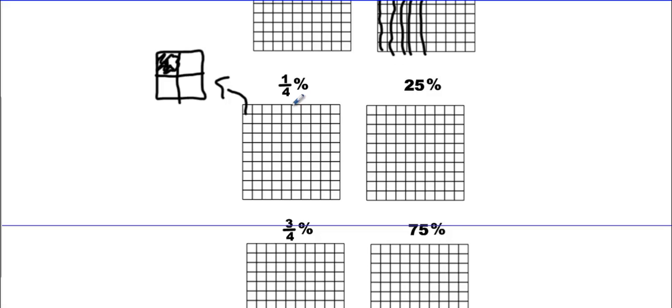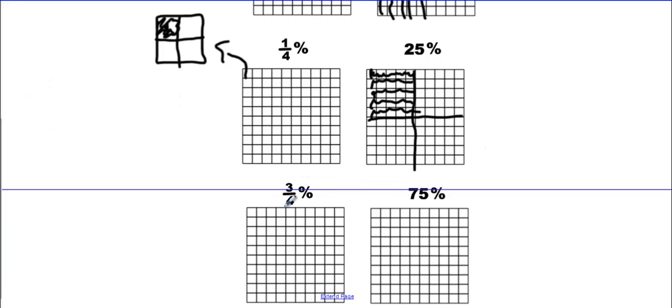That's what 1/4 of a percent is. Whereas this one here is 25%. That means you've got to shade 25 blocks. So you're going to shade 1, 2, 3, 4, 5, 1, 2, 3, 4, 5, 1, 2, 3, 4, 5, and then another 5 here, and another 5 there. They look the same. They look the same, except this is only a fraction of a percent, whereas this is a fraction of the entire thing.